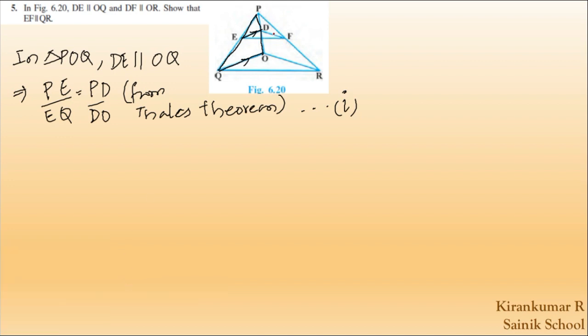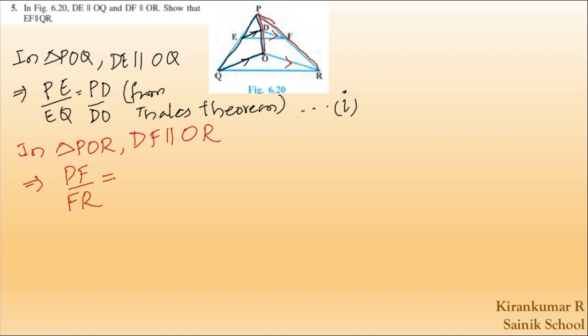Now I will consider DF parallel to OR in triangle POR. So in triangle POR, we have given DF parallel to OR. So from Thales' theorem, we have PF upon FR equal to PD upon DO.